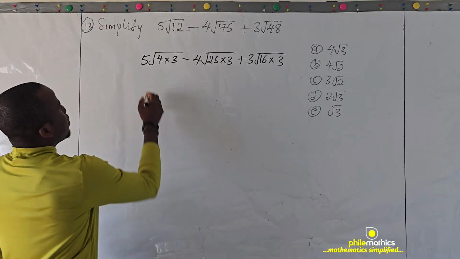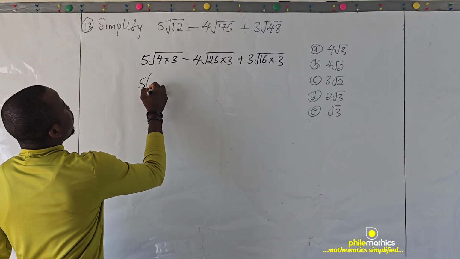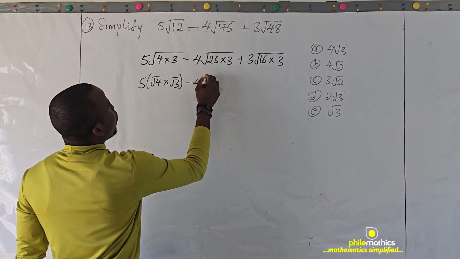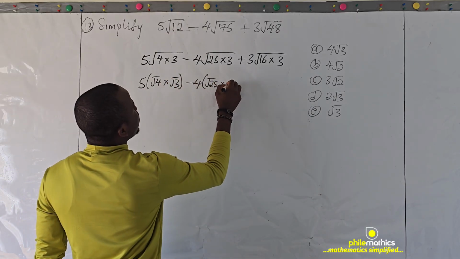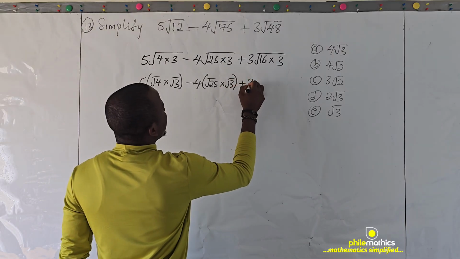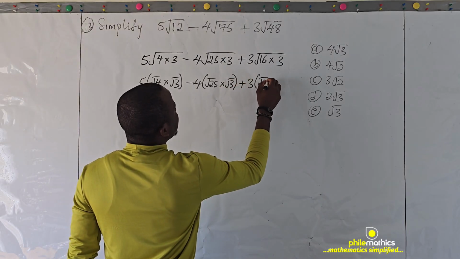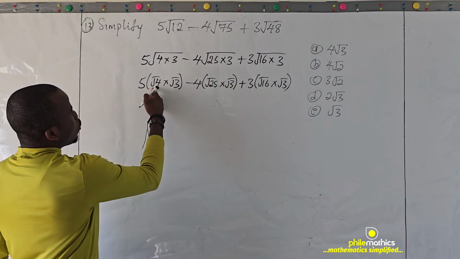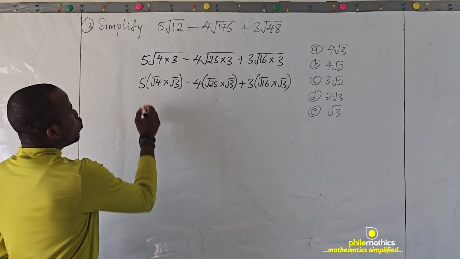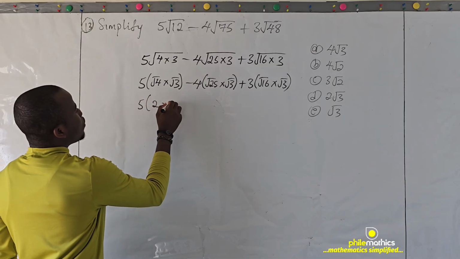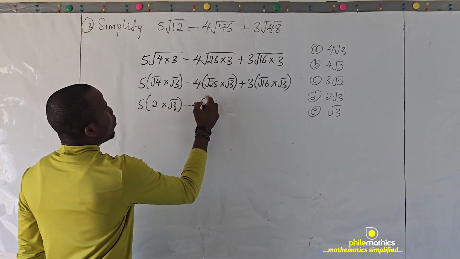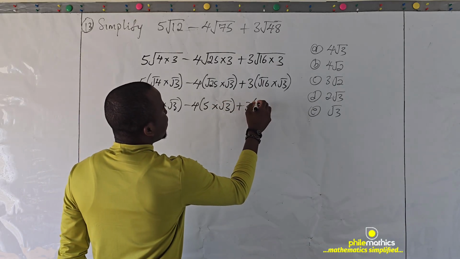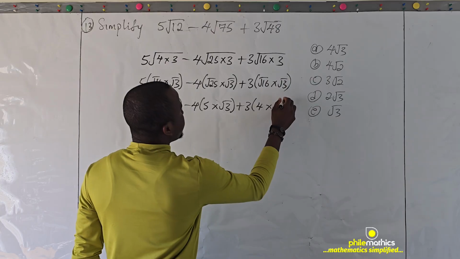And I can split this to be 5 root 4 times root 3 minus 4 root 25 times root 3 plus 3 root 16 times root 3 from the laws of surds. And so root 4 is 2. So this is 5 times 2 times root 3 minus 4. Root 25 is 5 times root 3. Root 16 is 4 times root 3.